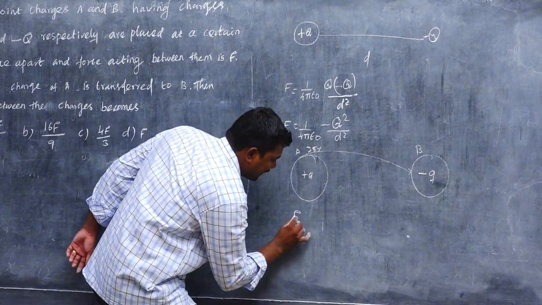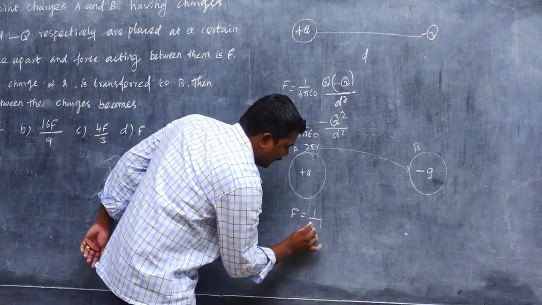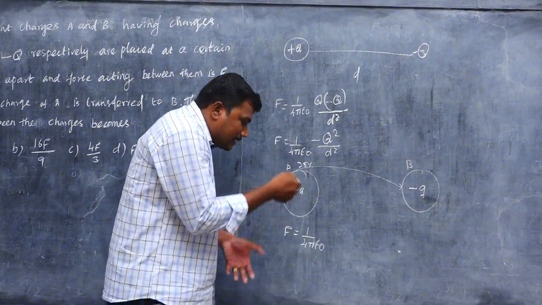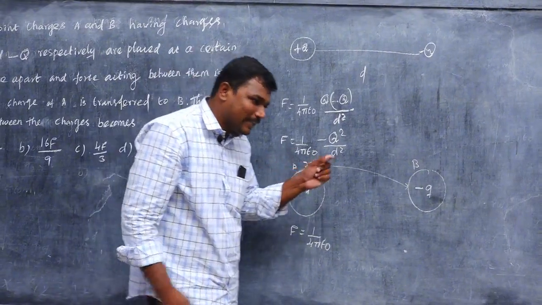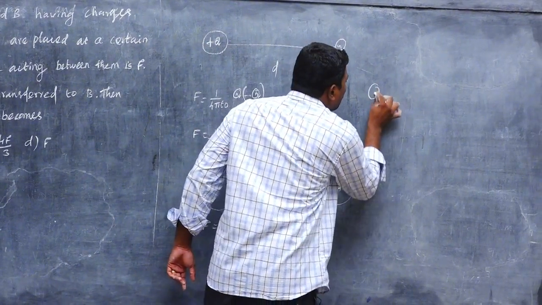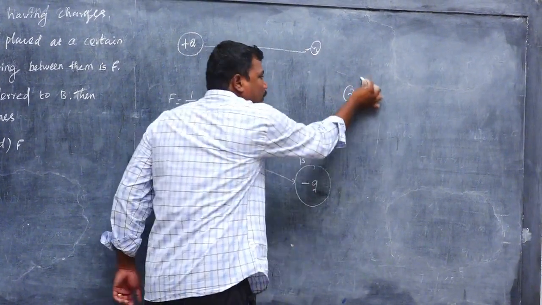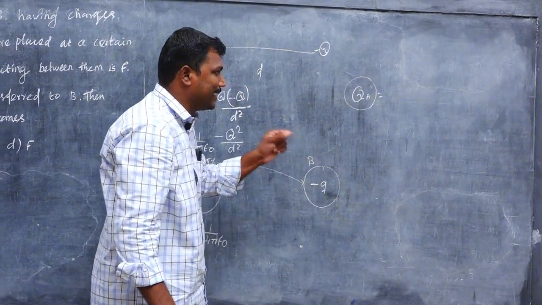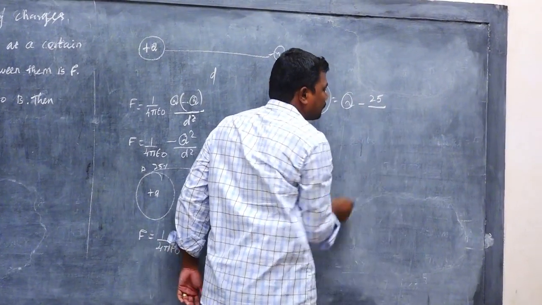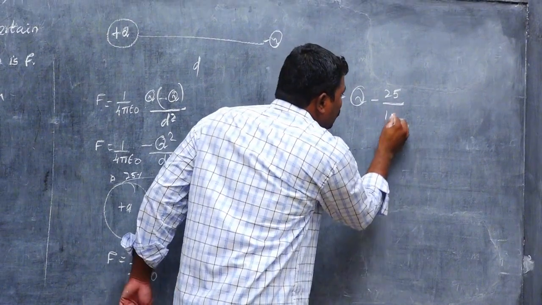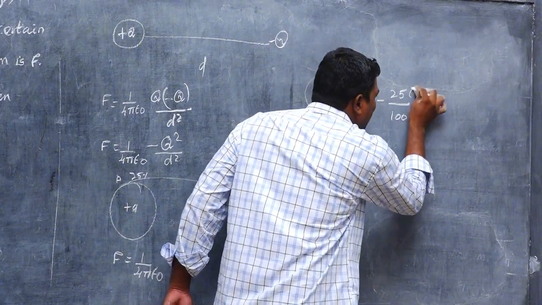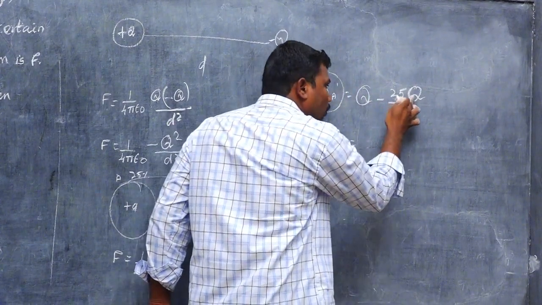Next, F is equal to 1 by 4 pi epsilon naught. How do we calculate that 25% of the charge is decreased? The decreased charge is QA dash, which is Q minus 25% of the charge. 25% is 25 divided by 100, so 25Q divided by 100.